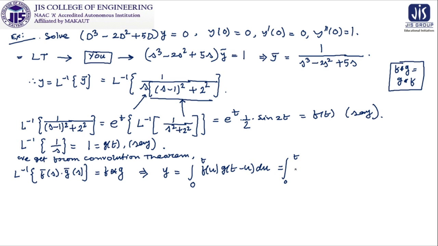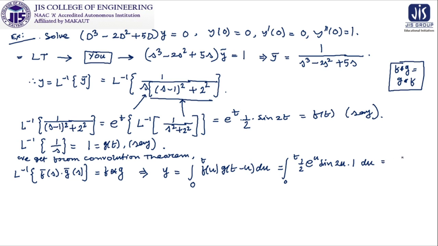So it will be the integral from 0 to t of half e to the power u sine 2u into 1, because g(t) is 1, so g(t minus u) will also be 1, du.